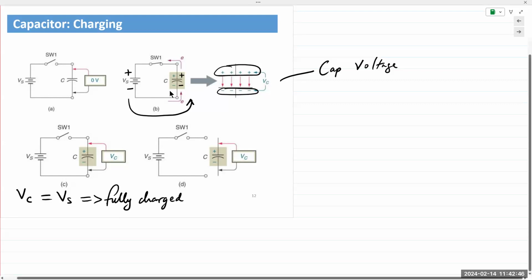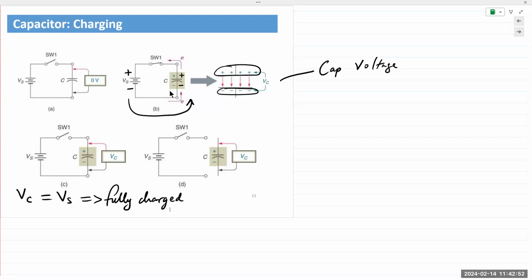We use the term separated, right? We say the two plates are separated by that insulating material. But that statement also means the two plates are joined together by that insulating material. Make sense? If the two plates are separated by that insulating material, they're also joined together by that insulating material. So in real life, an insulator will never be 100% perfect.